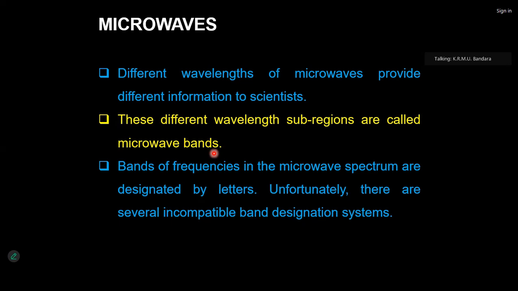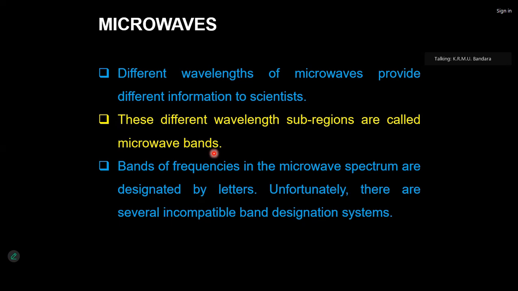Sometimes we get confused by this. Sometimes this is done purposely for security reasons, especially in the United States. They use different kinds of letters and change them from time to time, sometimes to confuse the enemies. So that is why different organizations are using different letters.